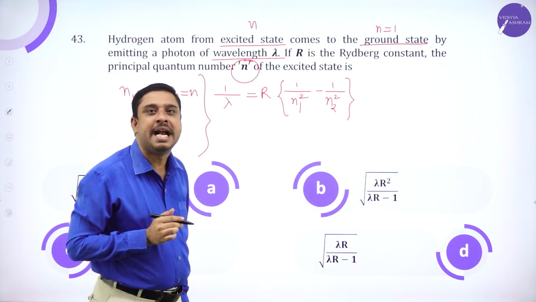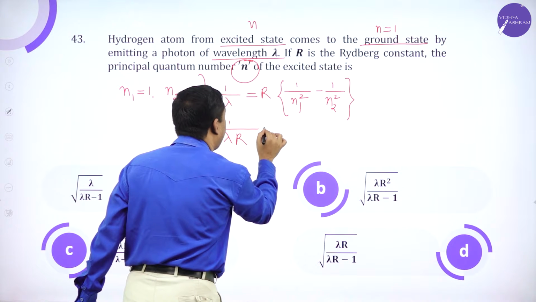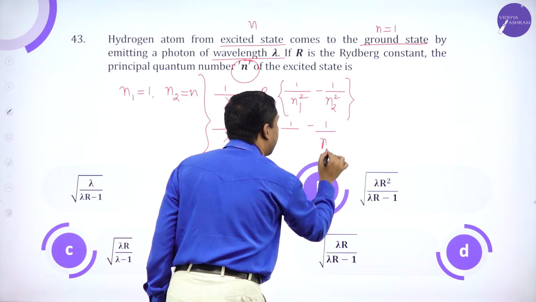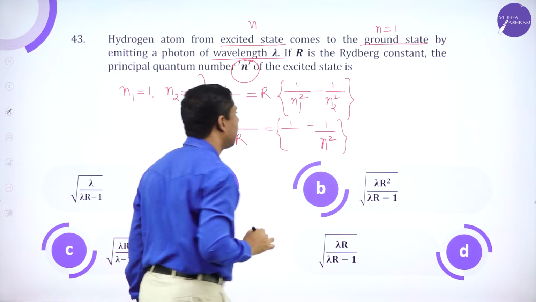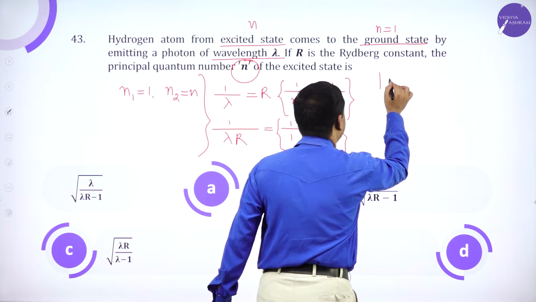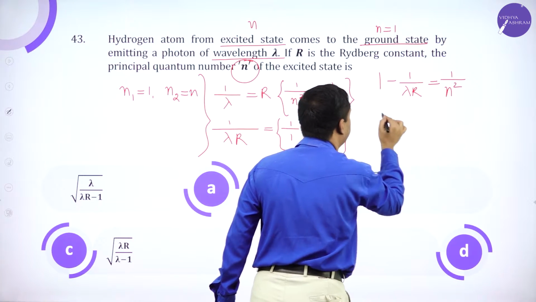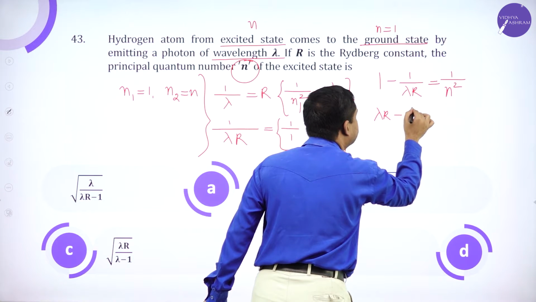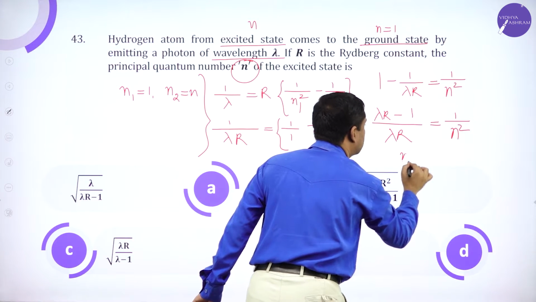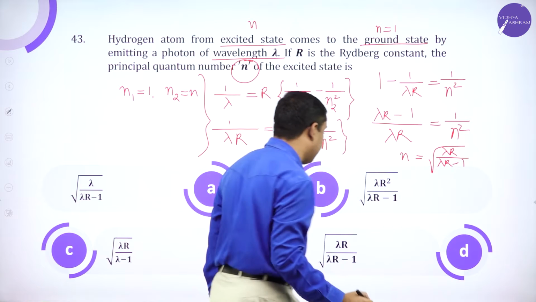Now I bring R to the denominator. 1 by lambda R is 1 minus 1 by n square. Or 1 by n square is 1 minus 1 by lambda R. Or 1 by n square is (lambda R minus 1) divided by lambda R. So n is root of lambda R divided by (lambda R minus 1).